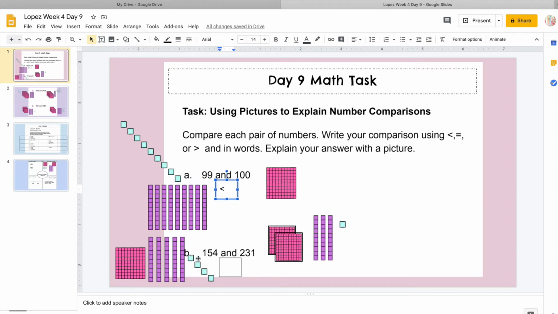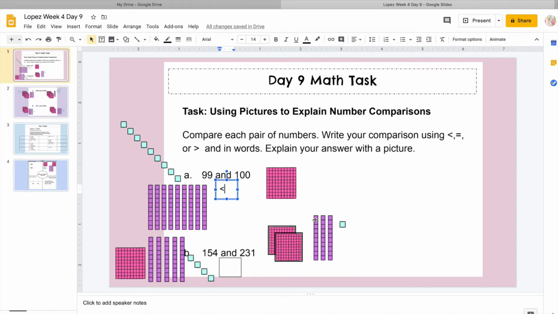Moving on to B, we are comparing 154 and 231. Here you can see that we have a 100 block that represents the 1 in 154. We have 5 10 bars and we have 4 ones. And comparing that to 231, we have 2 100 blocks to represent that 2 in the 100 spot.